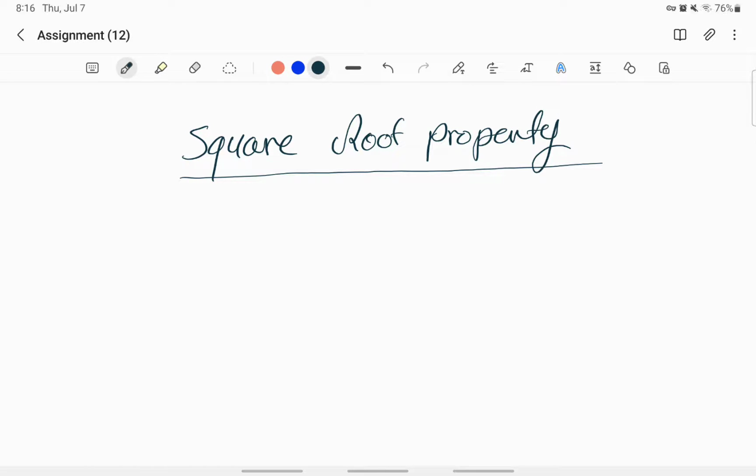All right, guys. The next method that we're going to learn about is known as the square root property. Hooray. Suppose we have a quadratic equation, let's say u squared is equal to some constant k.